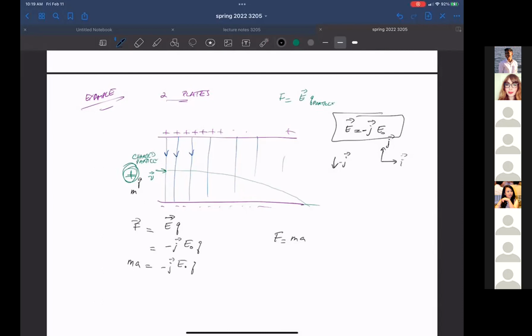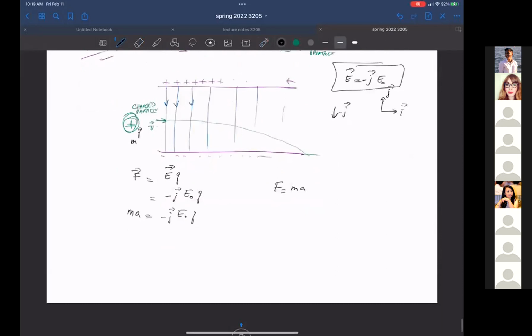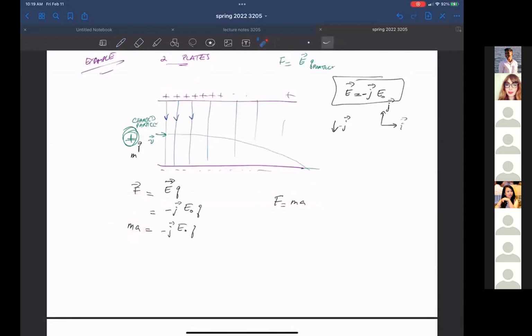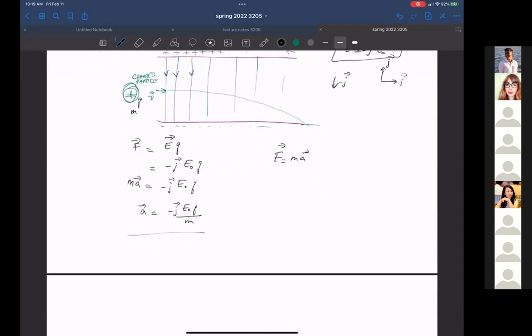So I use this equation to put acceleration on this side: acceleration is minus J E0 Q over M. That's going to be the acceleration. The only acceleration we have is pointing in the minus J direction.